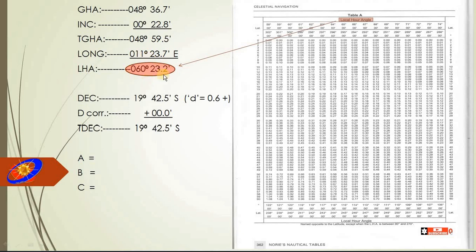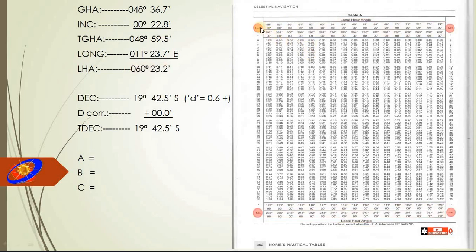We're going to need this value of our local hour angle, or most commonly known as LHA, and these are the values of all the LHAs. And looking from our LHA value, which is 60 degrees, we are somewhere right here.